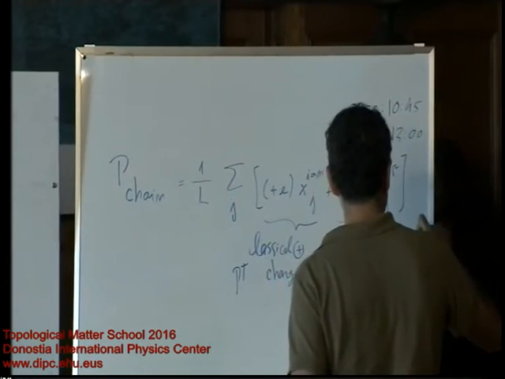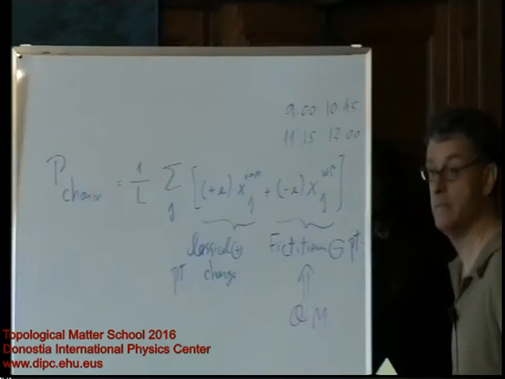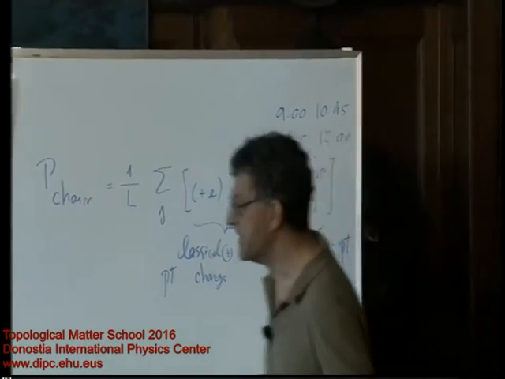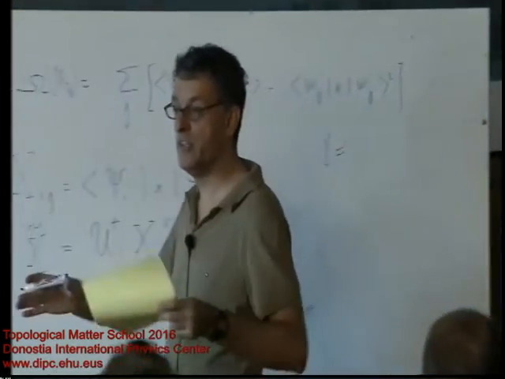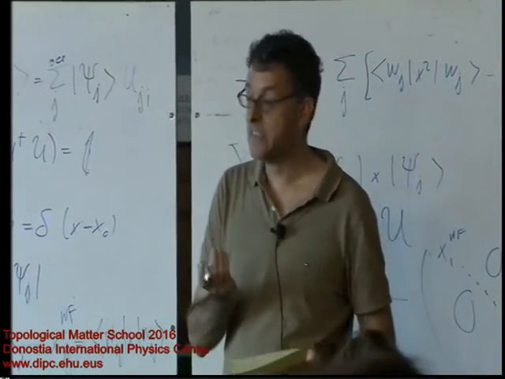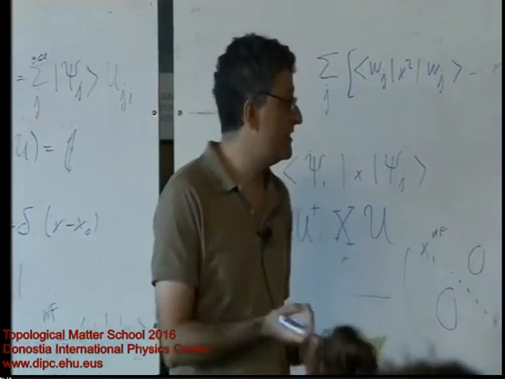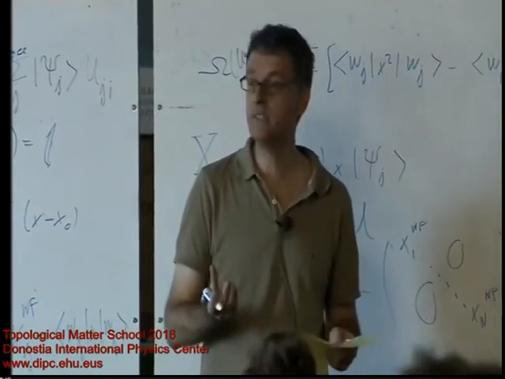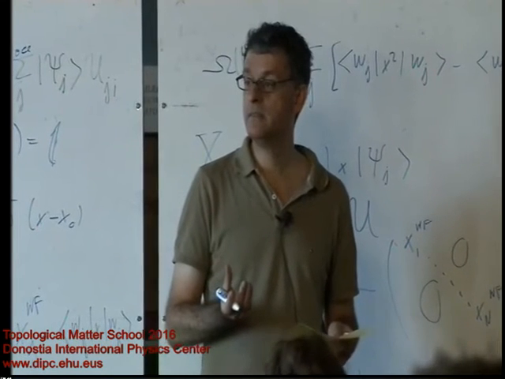So PT just means point charges. Okay? So bear in mind that these orbitals are not infinitely localized, so they are not point charges, but they have a center. And what enters in the expression for the polarization is just the center of those charges, because it's a first moment.